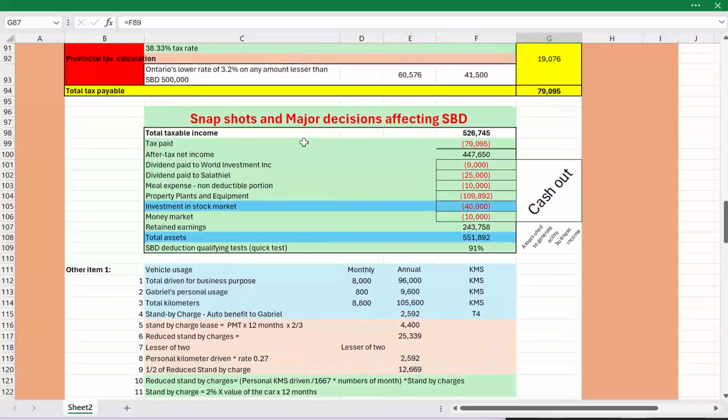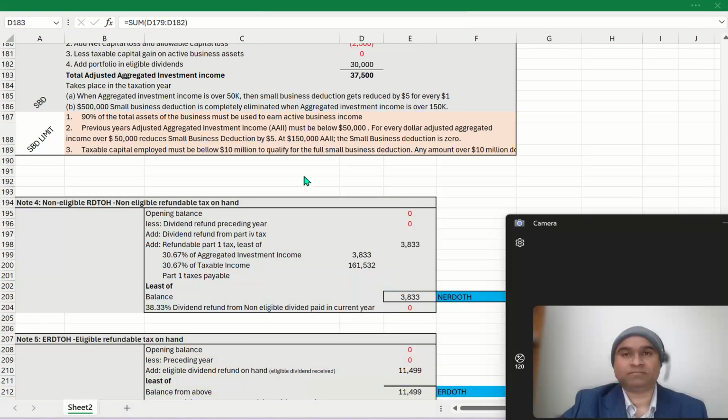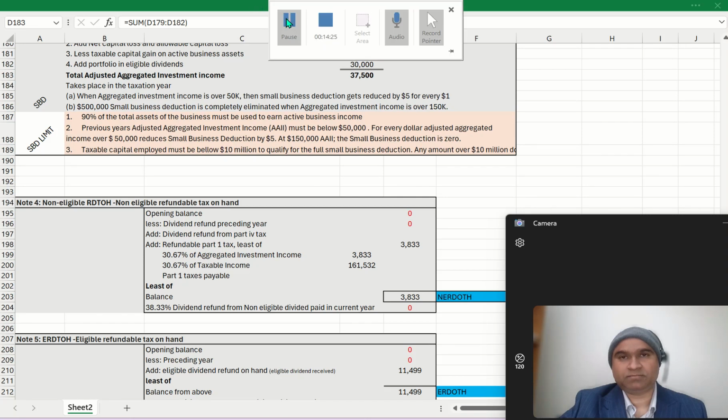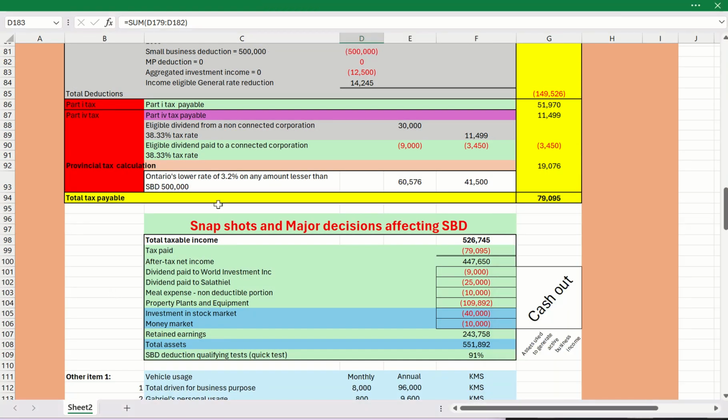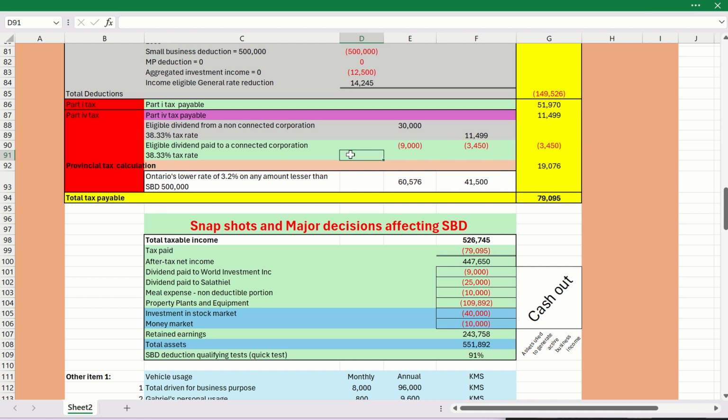Again, now we'll get into this discussion, the snapshot and the major decisions that would be affecting the SBD. So as discussed earlier, this is the refundable dividend on hand.